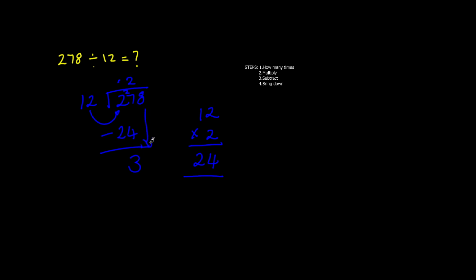We bring down that 8 over there, and this is now 38. Now ask ourselves, how many times can 12 go into 38? Wait, sorry. So it's 12 times 3, let's try that. So 2 times 3, that will give us 6.